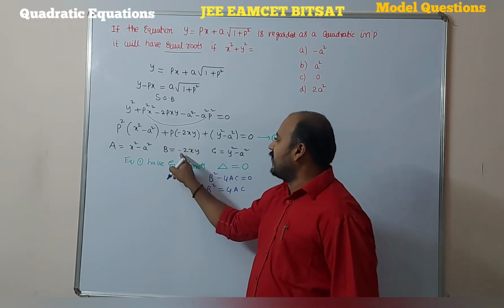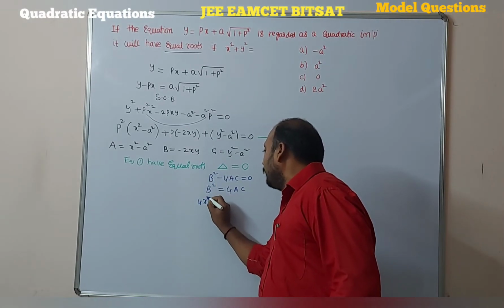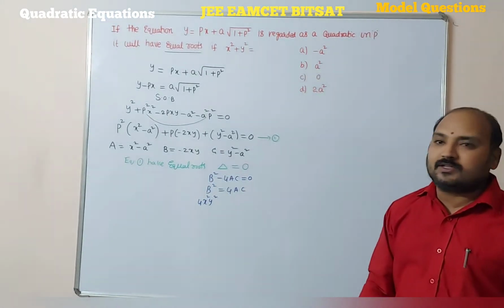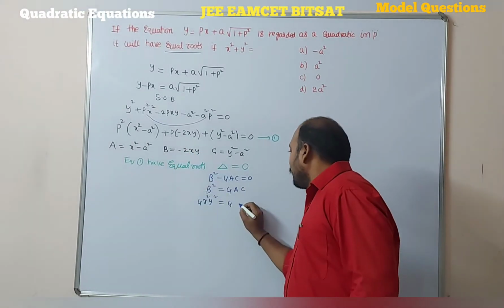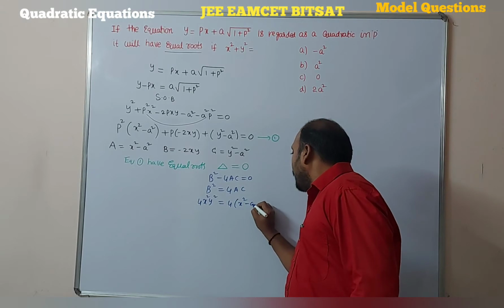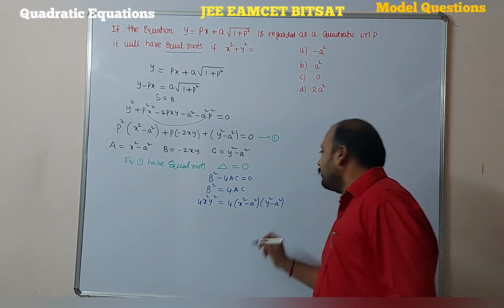b², this value whole square. So (−2xy)² directly I am writing here: 4x²y² = 4(x² − a²)(y² − a²).